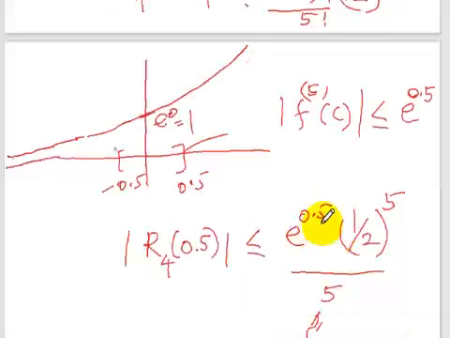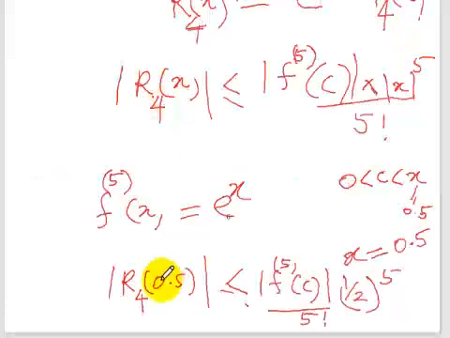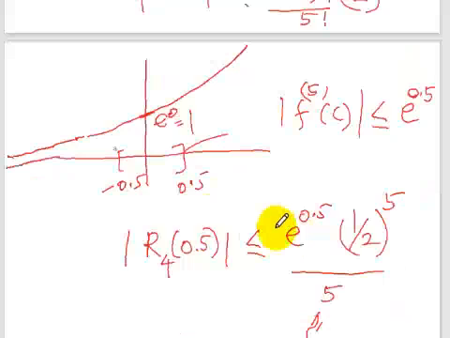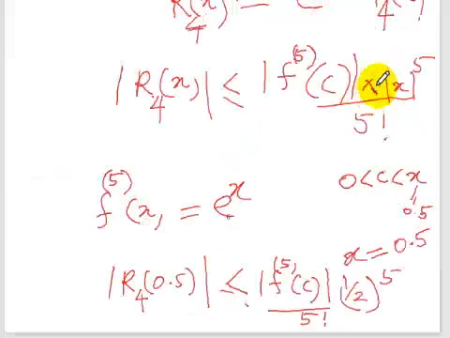So at point 0.5, the error bound is less than or equal to e to that number times, so plug numbers into here.